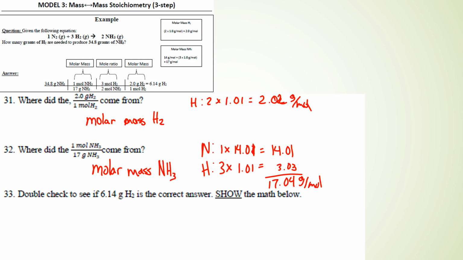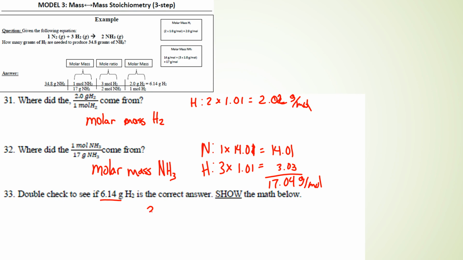If you were doing this on the test or an activity, you would probably want to use the 17.04 grams per mole. Now, for 33, again, I just want us to verify that you can enter it in the calculator and get the expected answer. The expected answer is 6.14 grams.